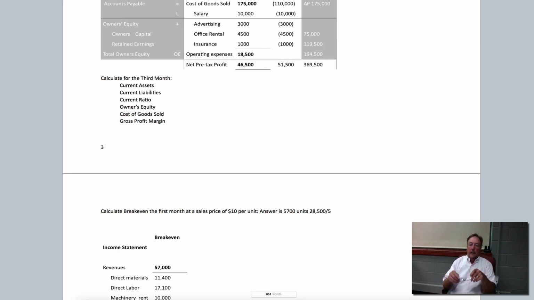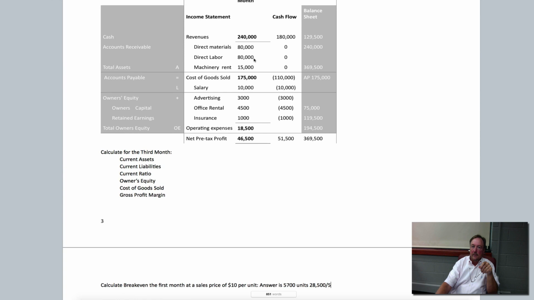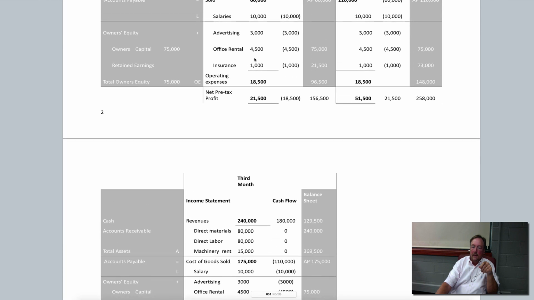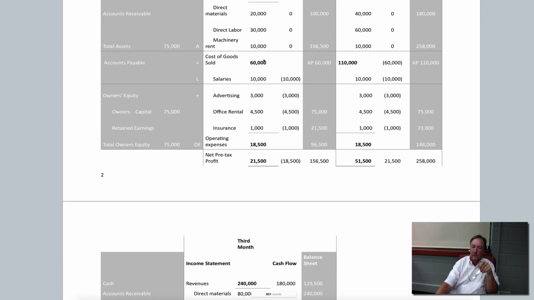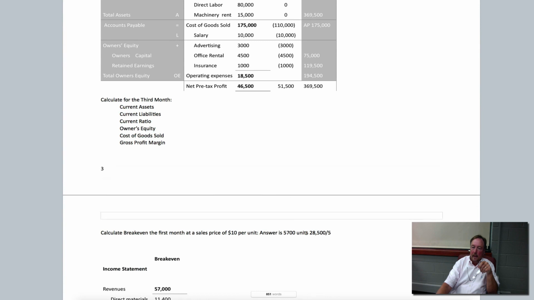So if you take, remember, our cost of $18,500 plus our cost of $10,000, let's go back up here to the first month, $18,500 plus our $10,000 rent for the machinery is $28,500, and we're dividing it by 5, and what you end up with is 5,700 units is how many units that we need to break even in our first month.